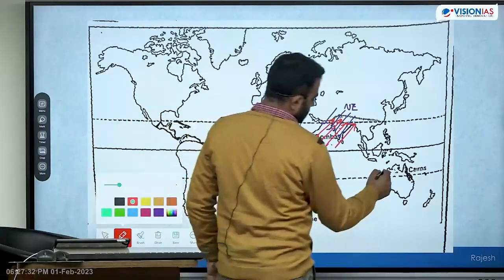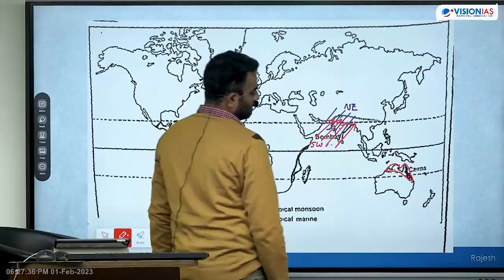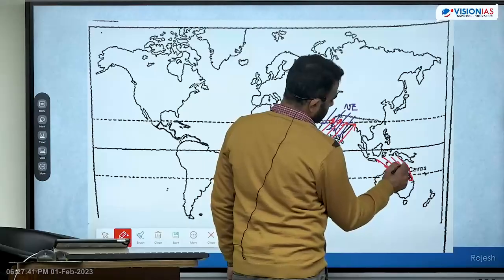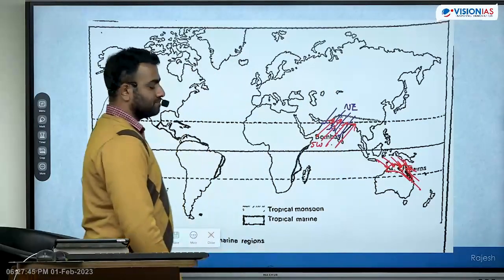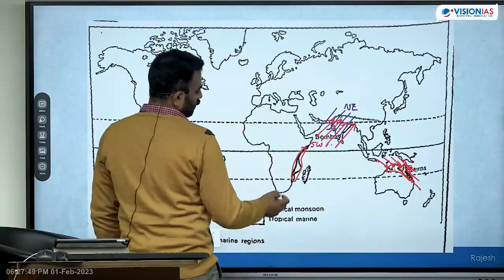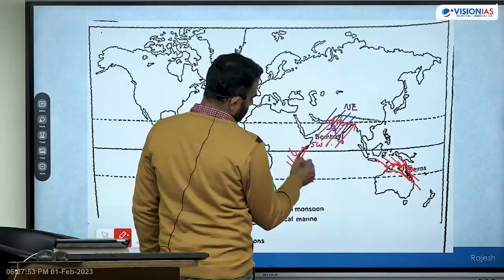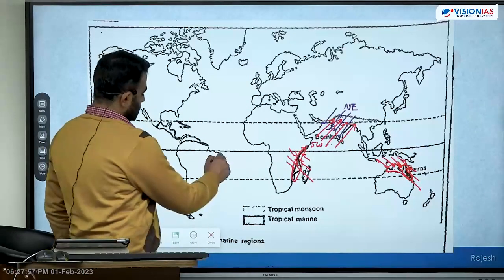For example, this one. Northern Australia also experiences monsoon. During the summers, it experiences the winds in this direction. During the winters, it experiences the winds in this direction. So is this part. During the summers, it experiences winds in this direction. During the winters, it comes in the opposite direction. So is here.